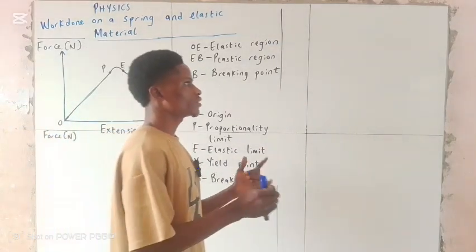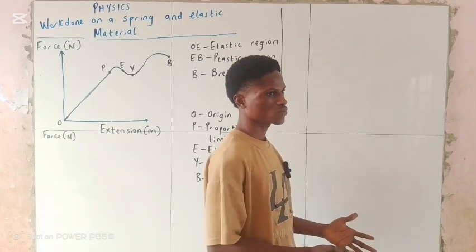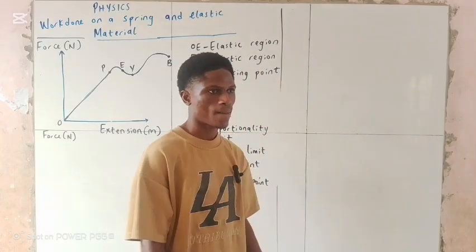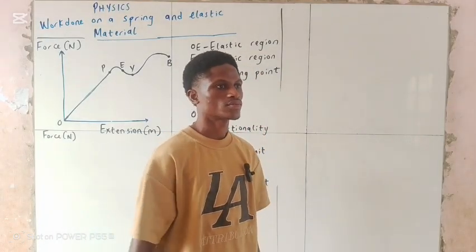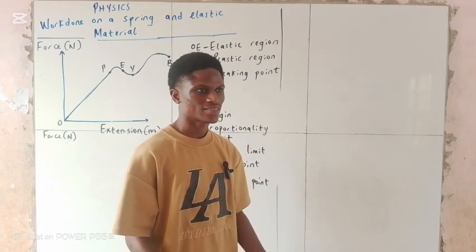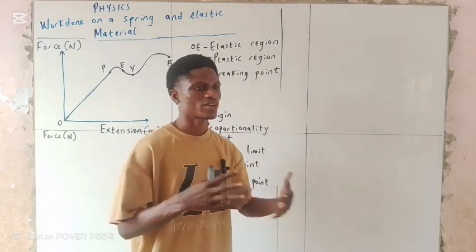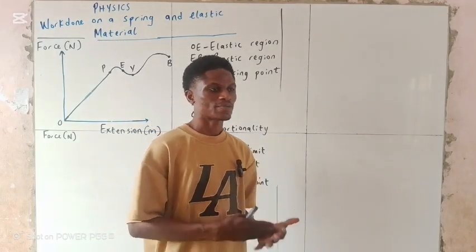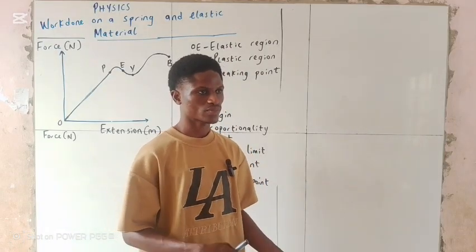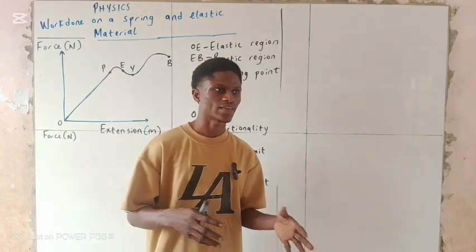Now, I explained some things during that first class when we were explaining Hooke's law. We said Hooke's law states that the extension produced by an elastic material is directly proportional to the applied force, provided that the elastic limit of the material has not been exceeded.